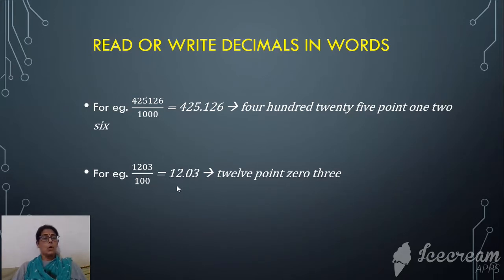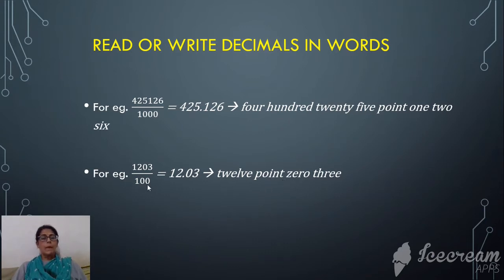So we have to read this way: 12 as it is, as it is a whole number, because it is written before the decimal point, right? So we read 12, then decimal point, so we read point, then 03. Understand, children?